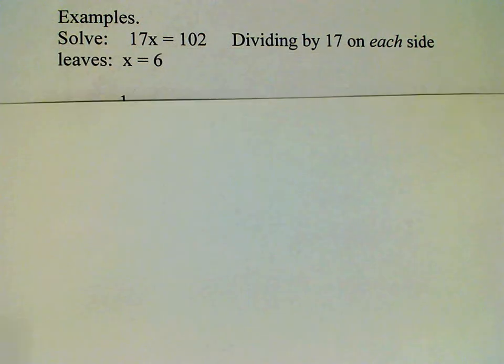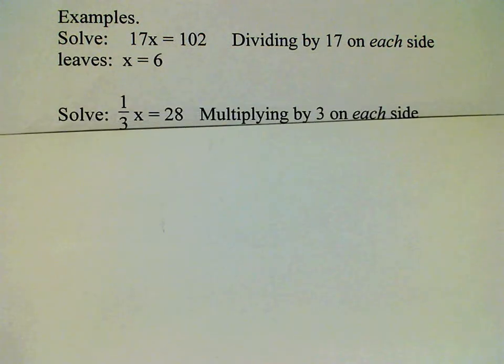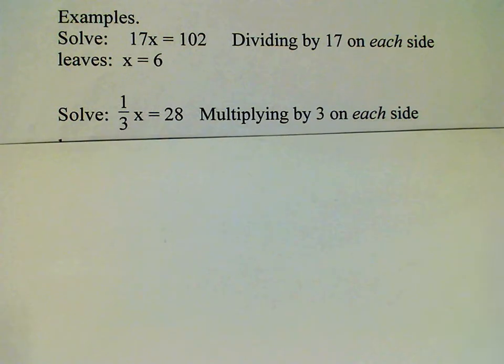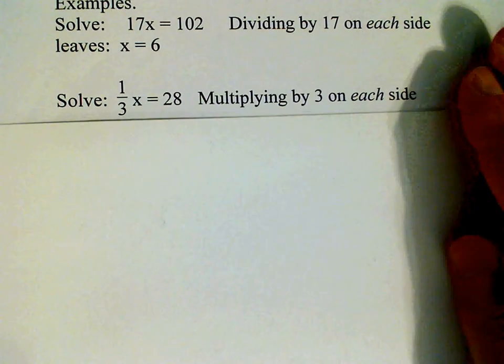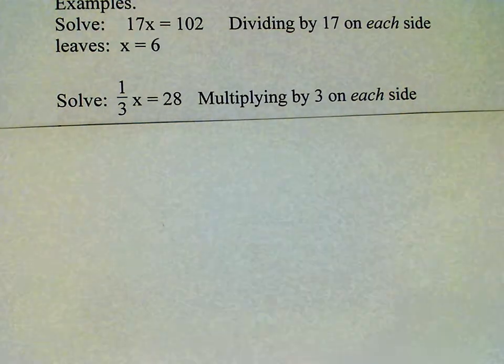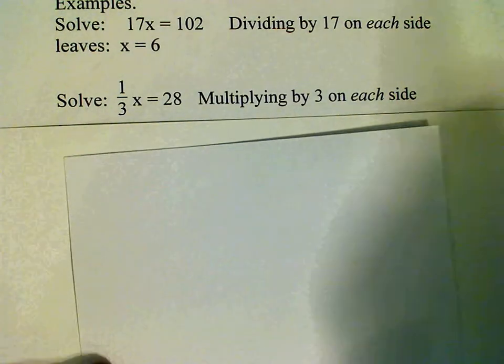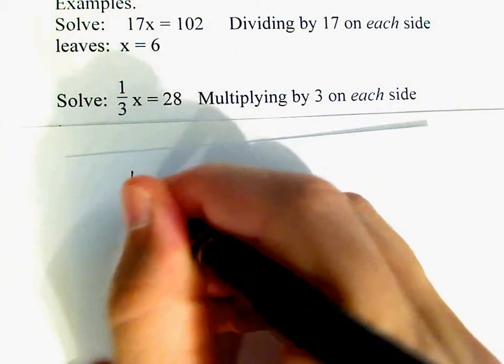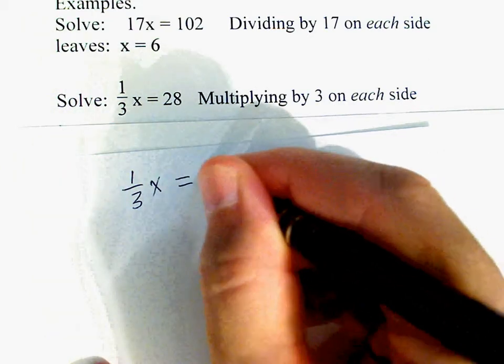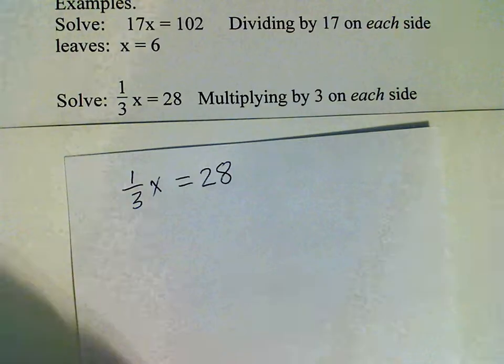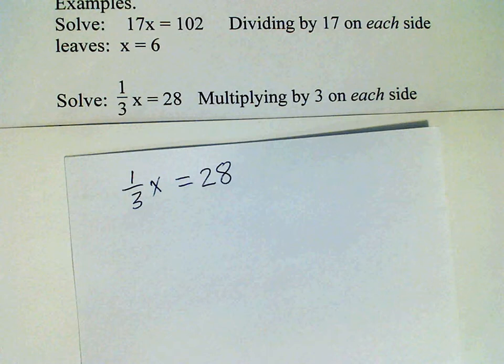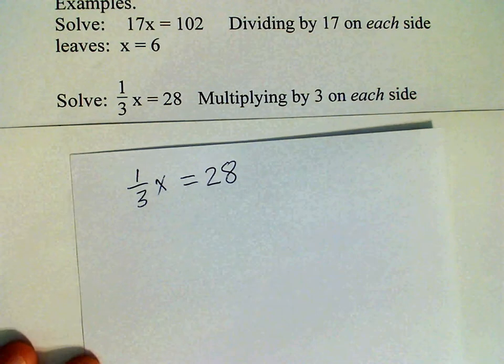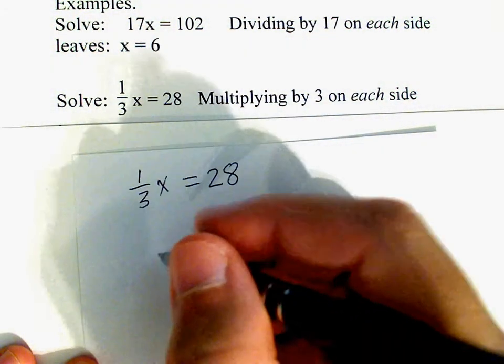Okay, so see this example now. We have 1/3 x equals 28. This says 1/3 of some number is equal to 28. See what happens if we multiply on each side by 3.